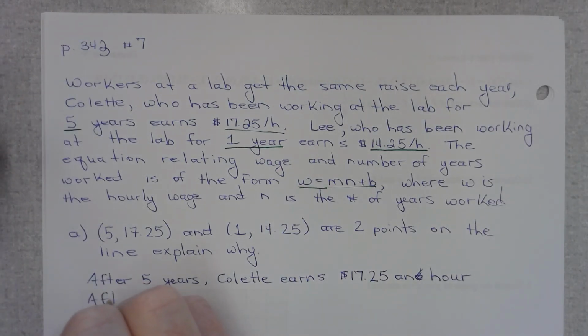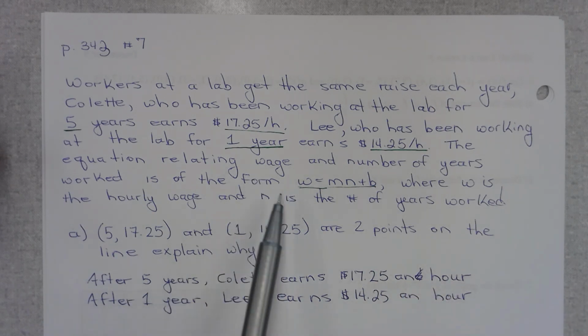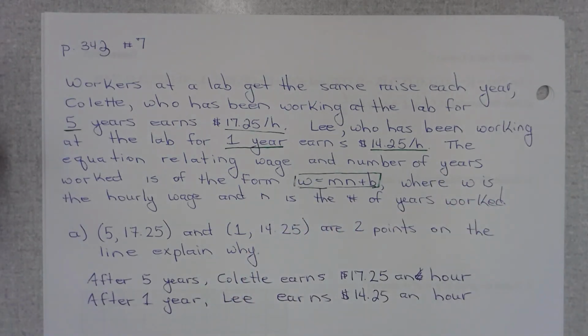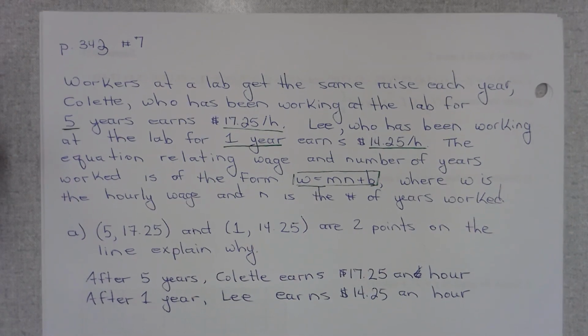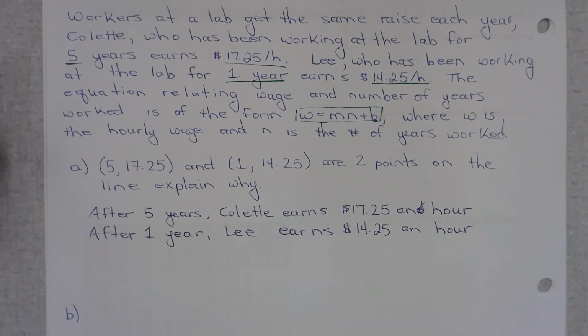So after 1 year, Lee earns $14.25 an hour, and both of those points are on the line represented by this equation. Okay, so part B says find the slope and the W-intercept of this line and explain what they mean.